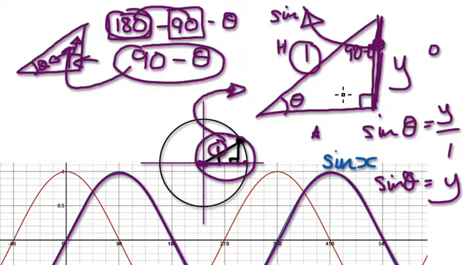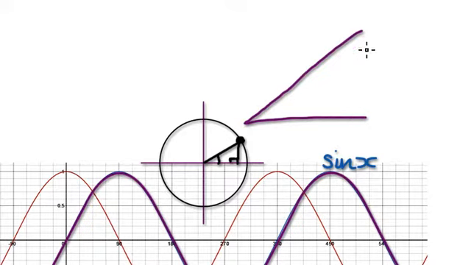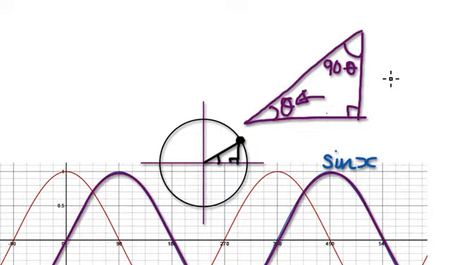Now, rather than using this as a reference point, use this angle here as a reference point. So here we've got a triangle. This angle here is theta. This one here is 90 take away theta. And we've established that when we use this as a reference point, the height here is really sine theta.